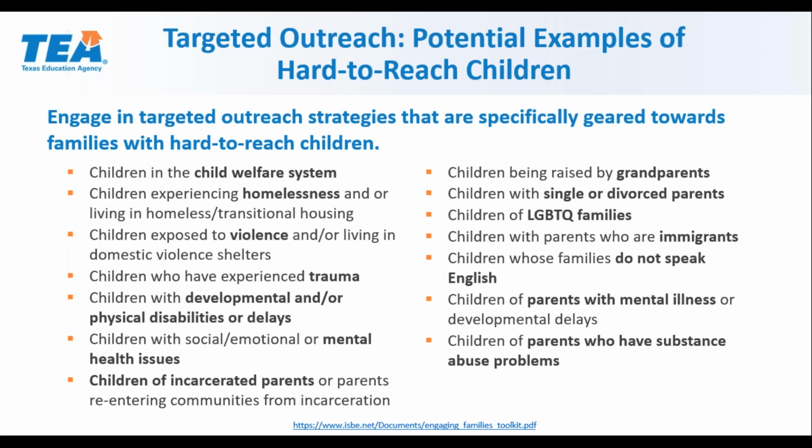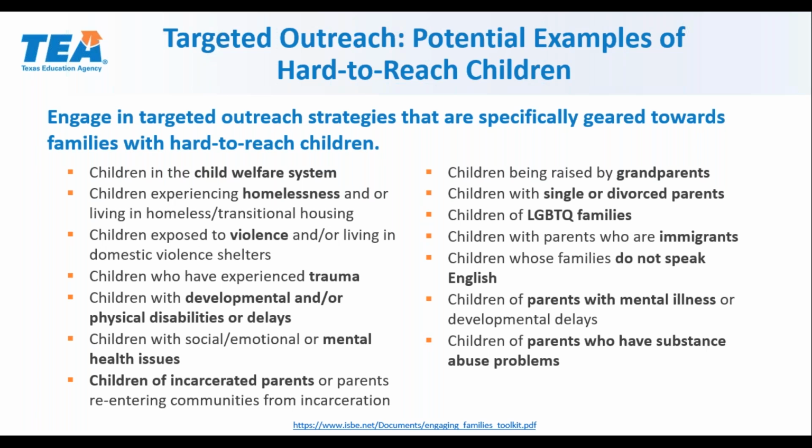You'll also want to think about hard to reach children. These are potential examples of hard to reach children, and some of them may overlap with pre-K eligible children. So this is another list that you can use to help brainstorm community partners.